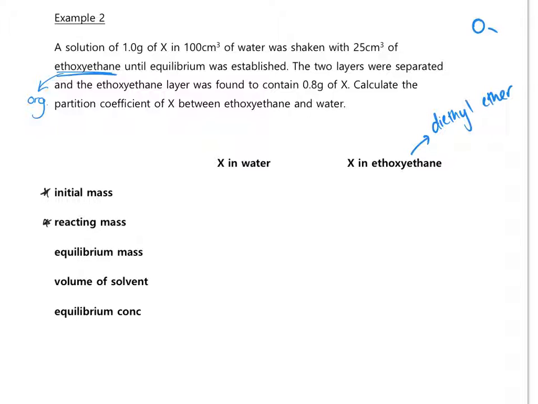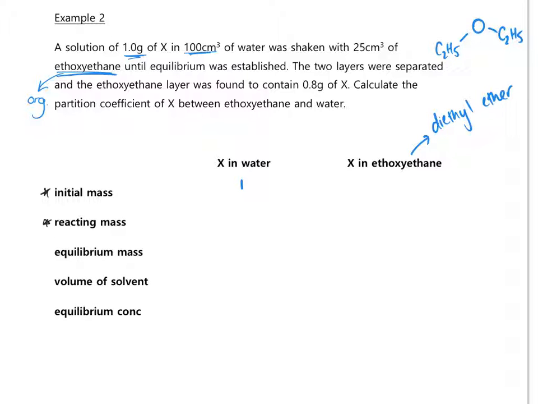So diethyl ether means oxygen with an ethyl group this way and an ethyl group connected on the other end. So our initial mass of X in water is 1 gram. So we have 1 gram in 100 centimetres cubed of water.